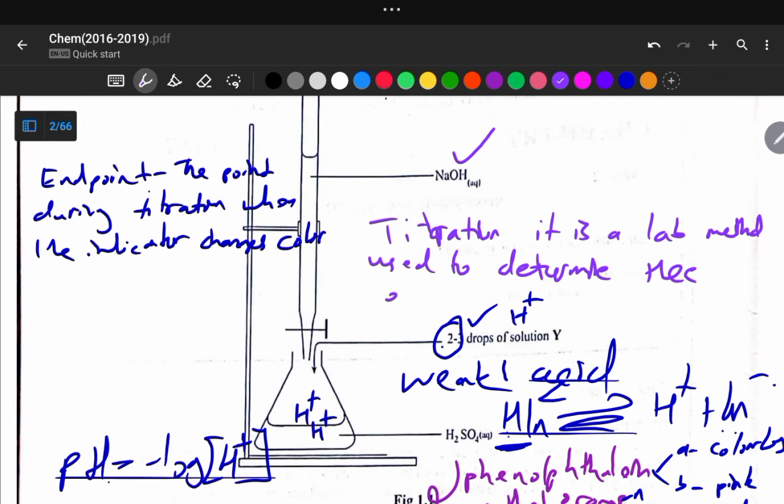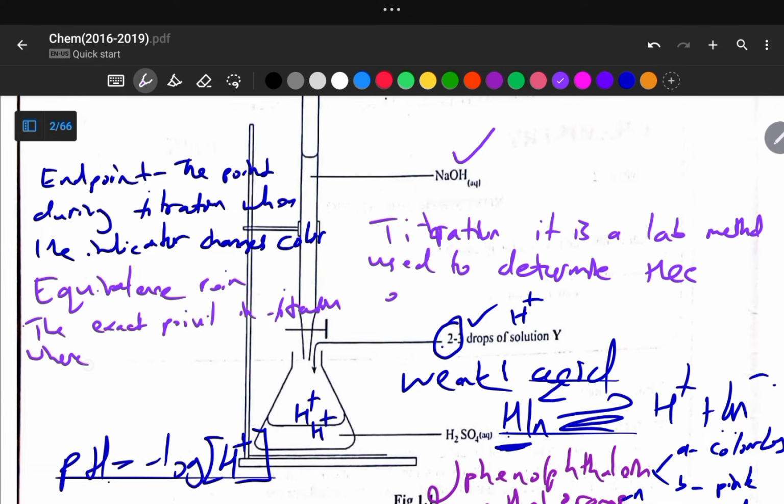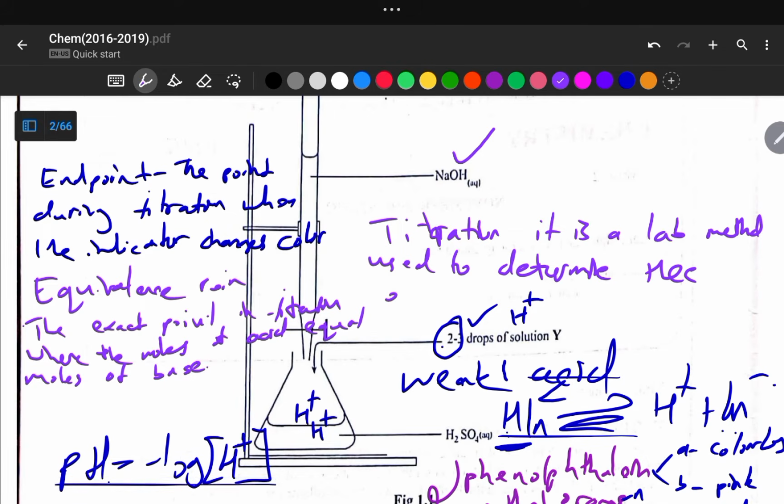And then for the equivalence point, it is the exact point in titration where the moles of acid equal the moles of the base, right? So endpoint is determined by the indicator, and then equivalence point is determined by the stoichiometric ratios from the chemical equation.